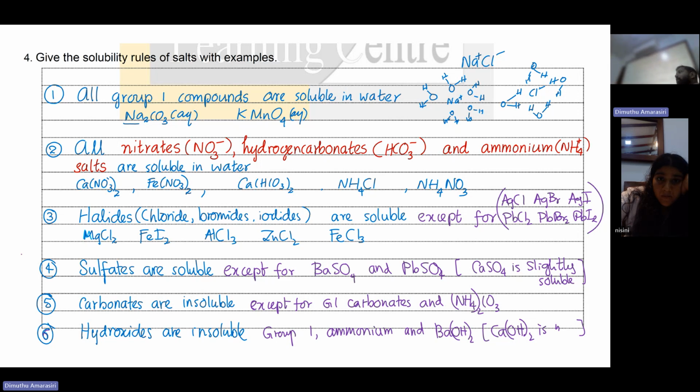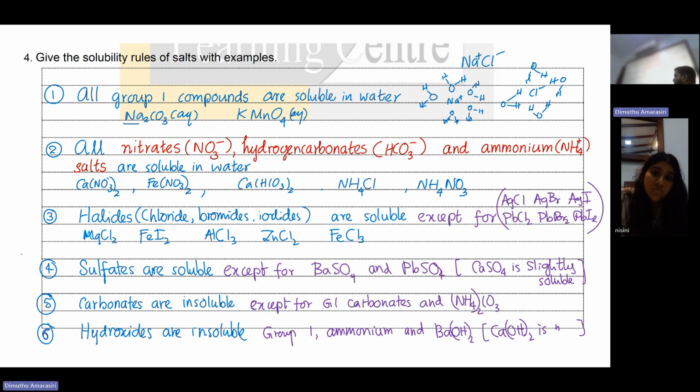Calcium sulfate is slightly soluble. That means sometimes calcium sulfate is in solution. If too much calcium sulfate is there, it's a precipitate. So rule number 4: sulfates are soluble except for lead sulfate and barium sulfate.